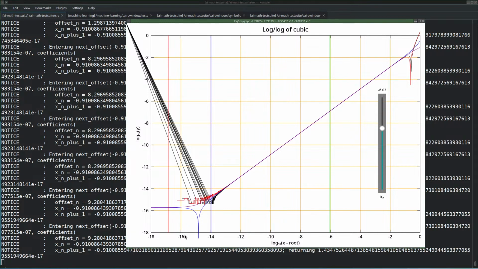There is no way that we can reach that, and that means that only one Haley step further we should be at the answer. And apparently it saturates at -14. This is the error that we expect.